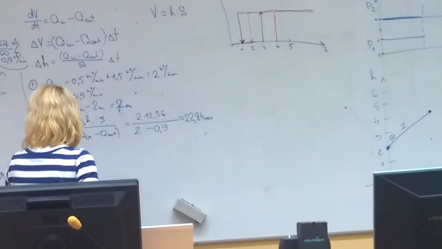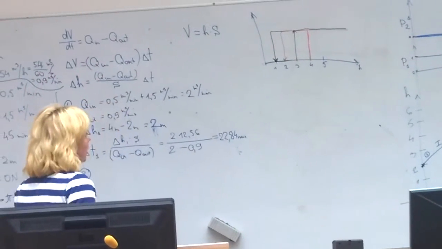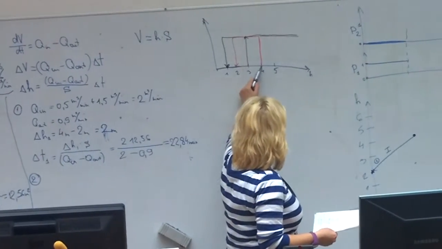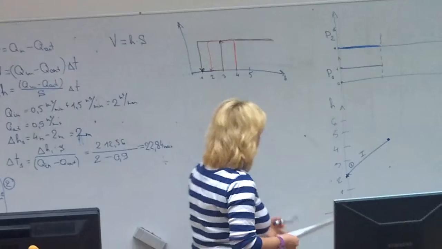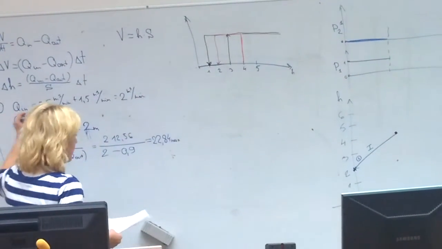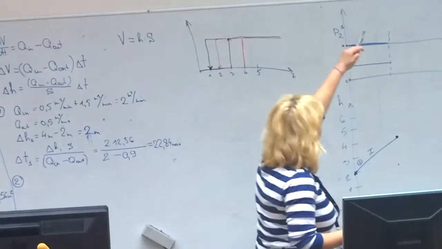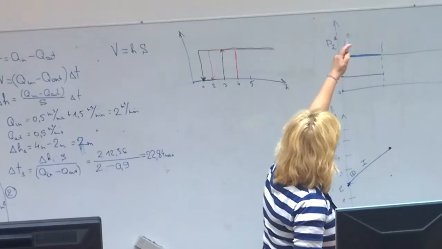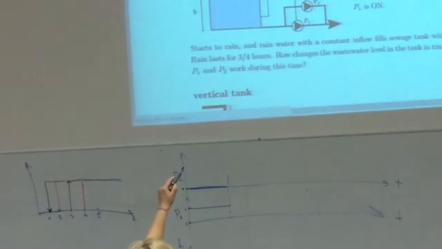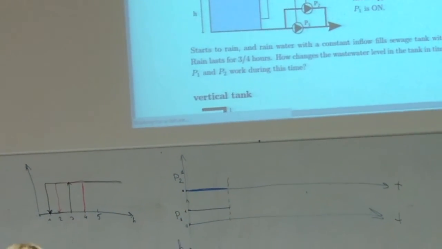The next situation, because we have reached 4 meters, right now we should turn on our second pump. So in that case, because of rain, we analyze this situation. Rain lasts for 45 minutes.